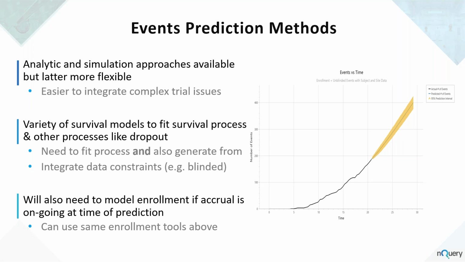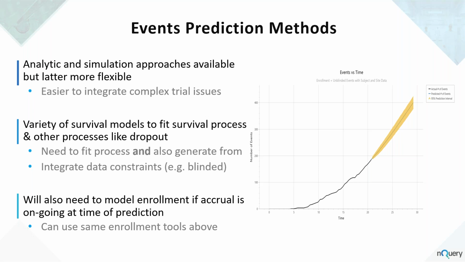Or if we choose a survival model, we want to fit it to the current data that exists, the current length of time it took for each subject to have the event or not have the event, in the case of people who are still alive. But we also need a model that we can generate future survival times from, whether that be for people currently in the study who could have the event in the future, or subjects who will be recruited into the future and will then have their own simulated survival time.